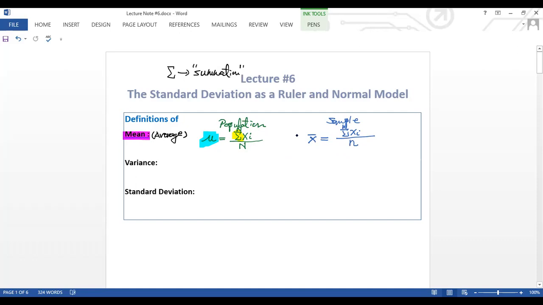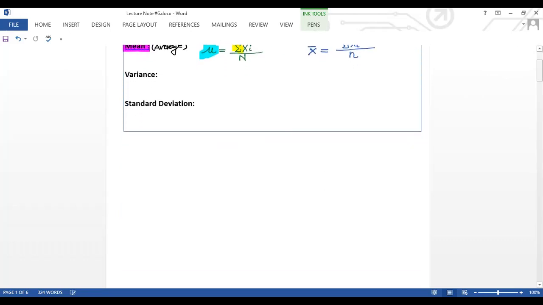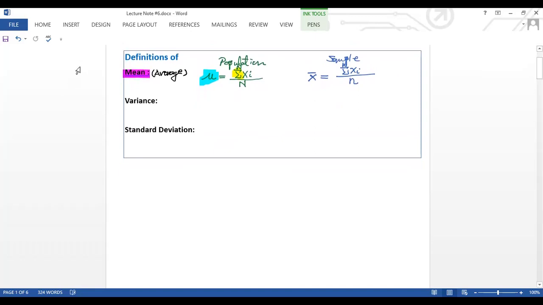Okay, so now, what is the variance here? Average, I think probably everybody gets a good idea what the mean is. So what is the variance here? Before I write it down, I like to use some examples to show you the meaning of the variance, why we need to know the variance here.